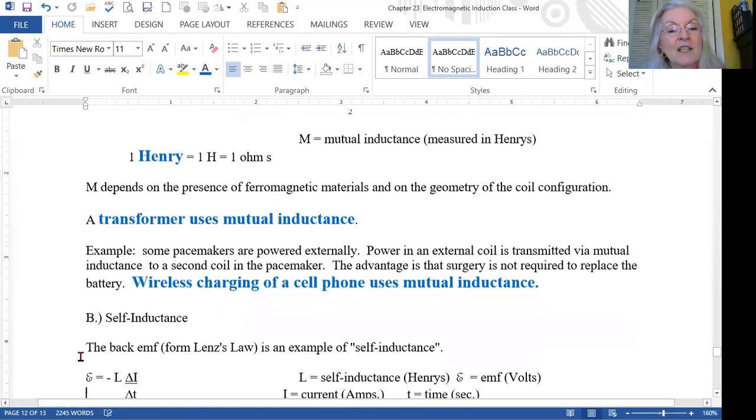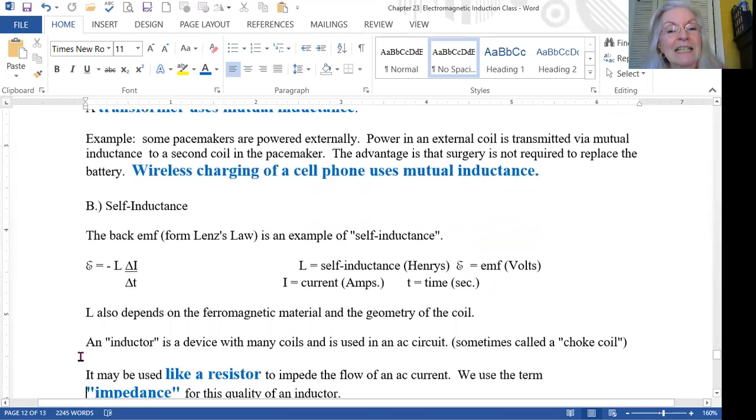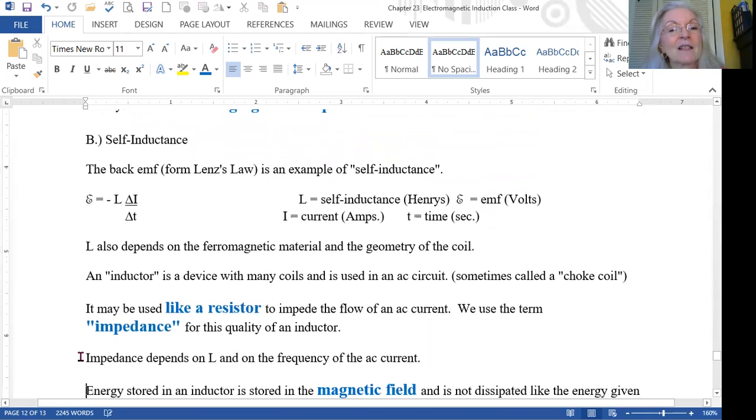There's another kind of inductance. It's called self-inductance. So the back EMF, remember, that's the current in a motor that resists the turning. And why when a motor stalls, there is no back EMF and the wires get too hot, and the end result is that you can burn up your motor if it stops turning and you keep trying.